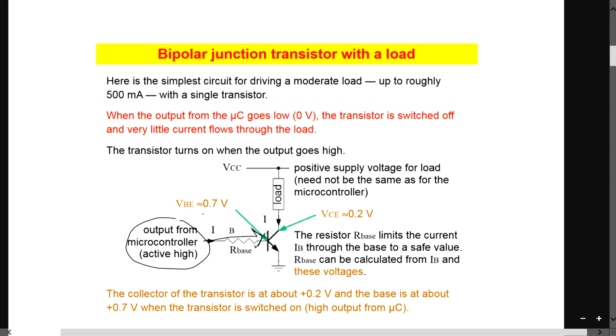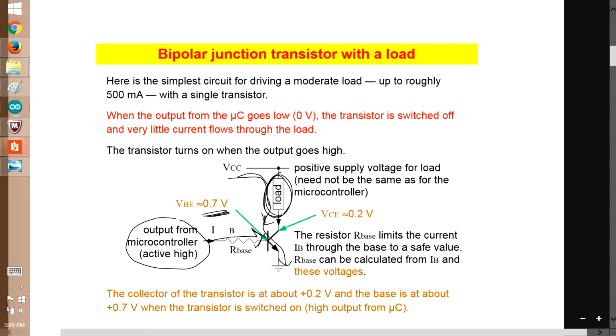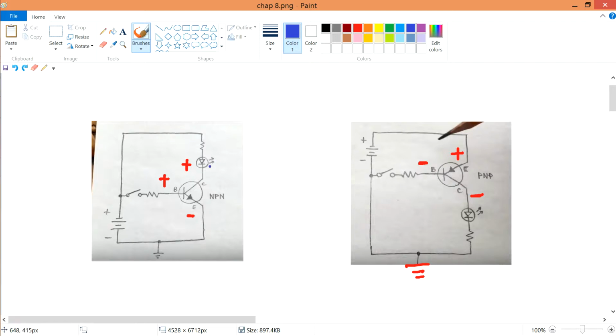So you're going to output a base. If your base is 0.7 volt, then the VCC will go past, then go to the ground, and the load will work. In fact, the load here is the load in my picture, so the LED is actually the load. Damn it.